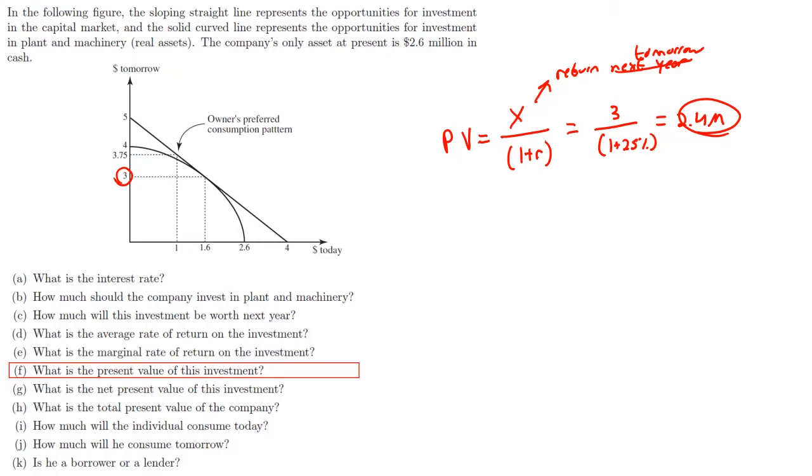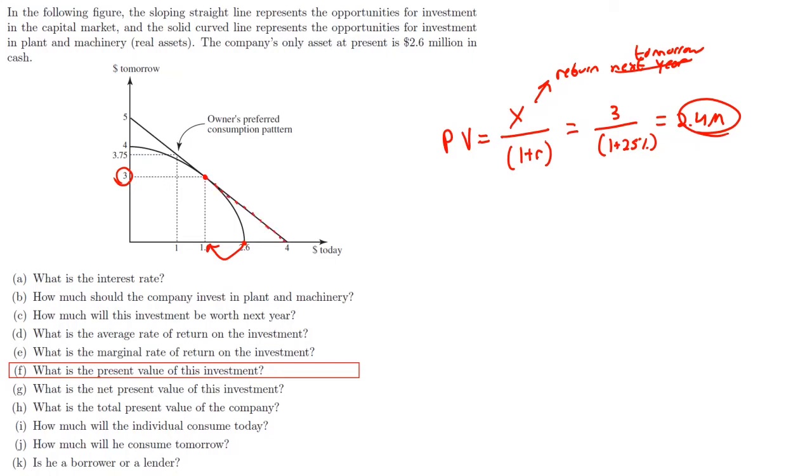Now, there's actually another way to think about this question. We started with 2.6, we went down to 1.6, but because we invested in this, we got 3. And what we could do at this point is tell the bank, hey, I have $3 million coming tomorrow, will you please lend me some money against it at 5%? That allows you to move down this line.